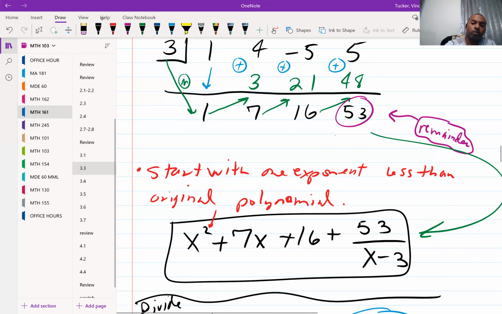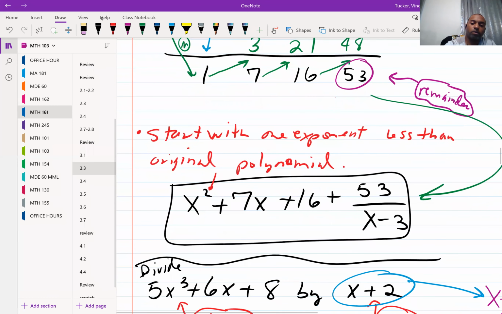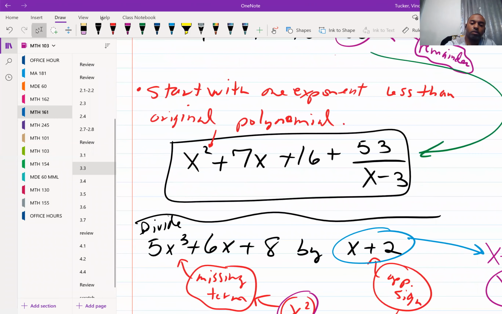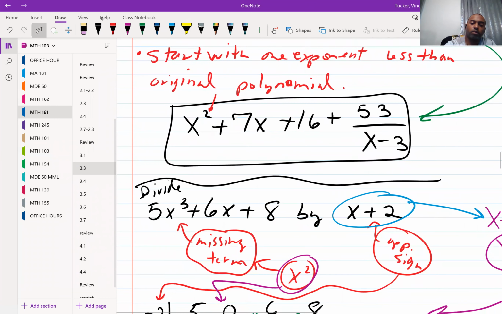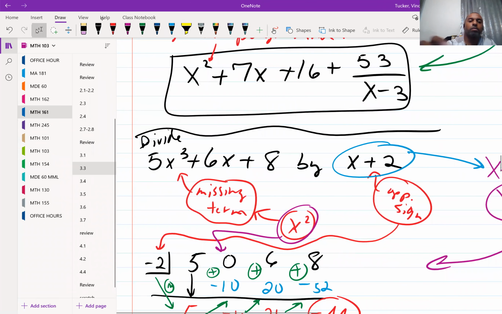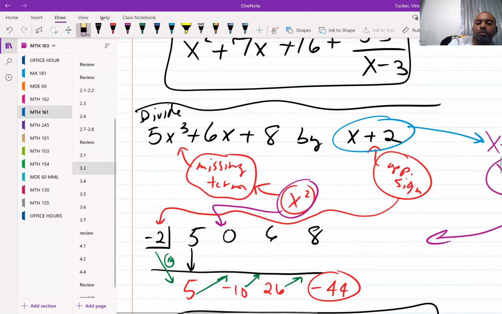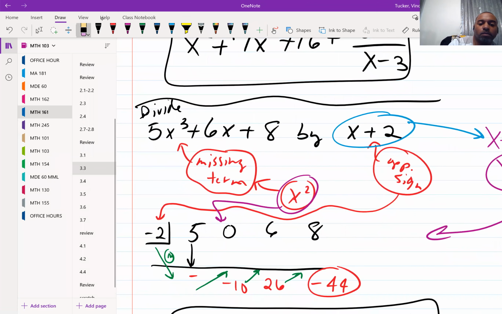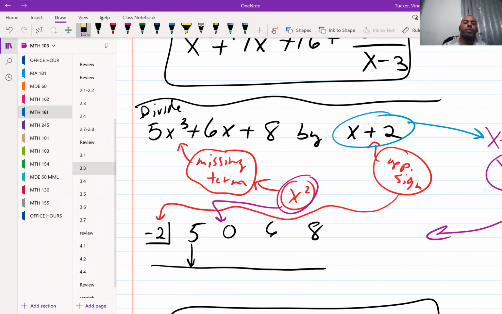All right, scroll up, but okay. All right, so here we have 5x cubed plus 6x plus 8.